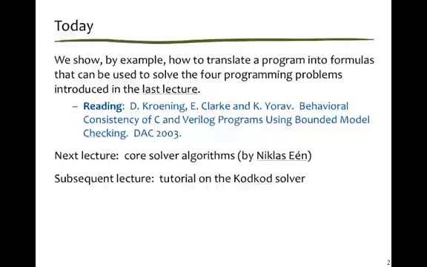What kind of logics, what kind of languages can you use to describe your program or the semantics of your program? In the next lecture, we're going down one level below, and Nicholas Ian, who built the mini SAT solver, is going to tell you how modern decision procedures work. The core algorithm that they use, called CDCL, he's going to describe in the next lecture.